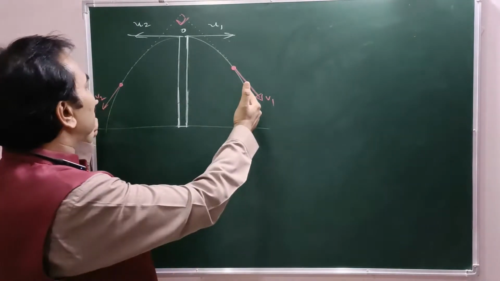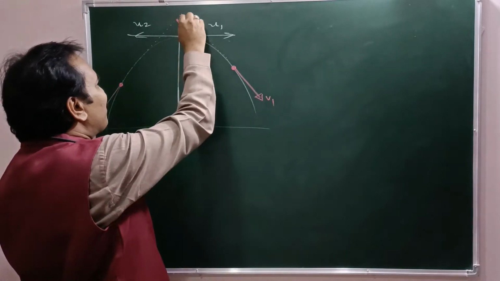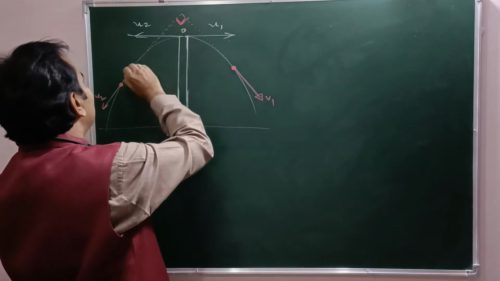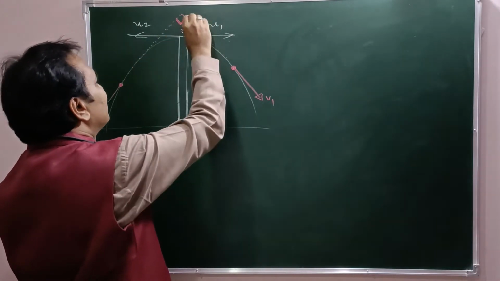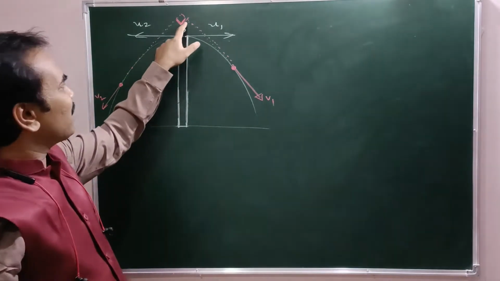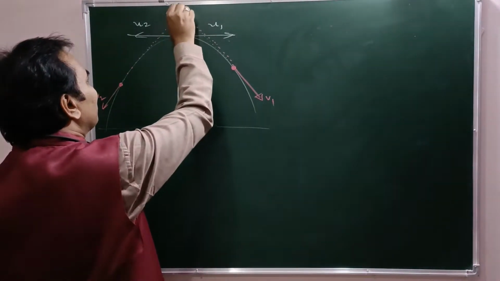Now, if they are produced backwards to meet somewhere here, what is the angle between these two velocity vectors? This is the extended vector, and this is also an extended vector. Both meet somewhere here. What is the angle here? 90 degrees.